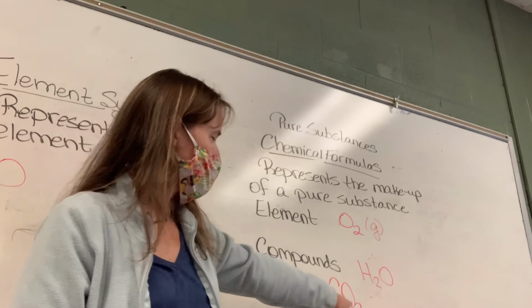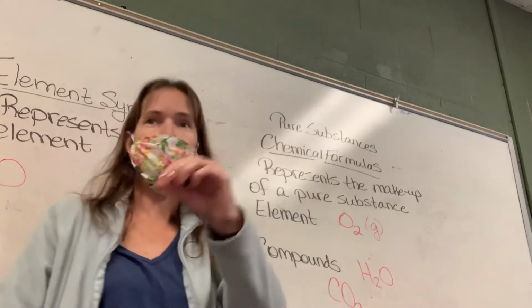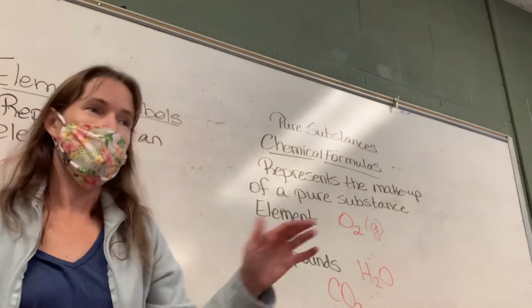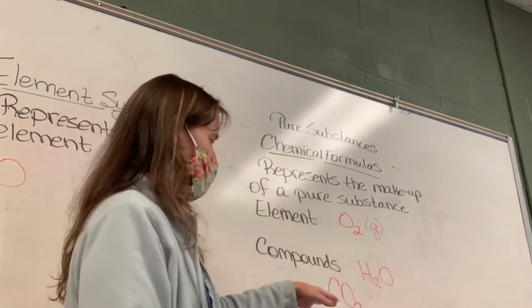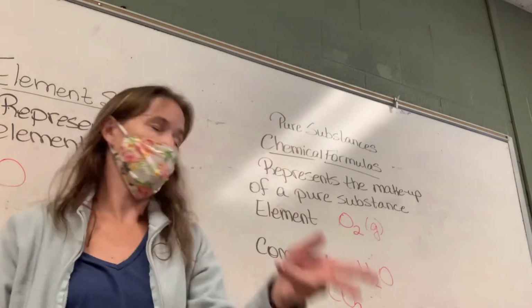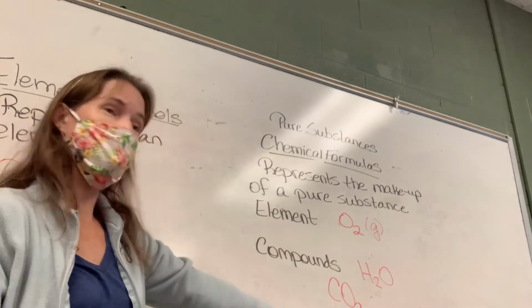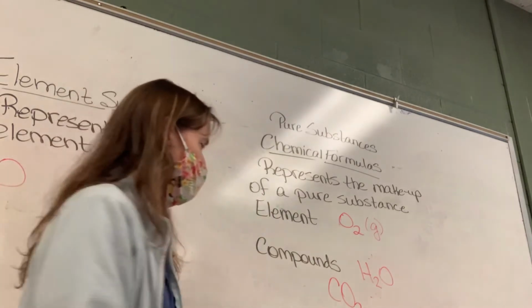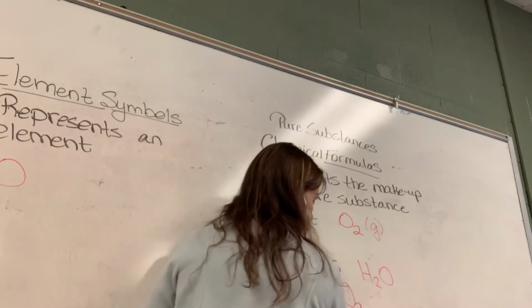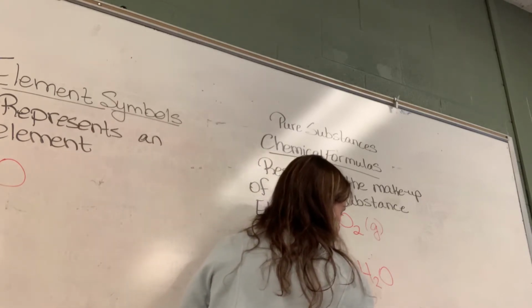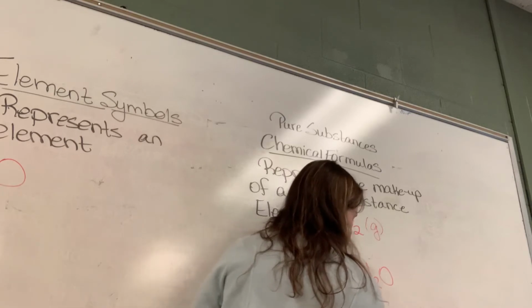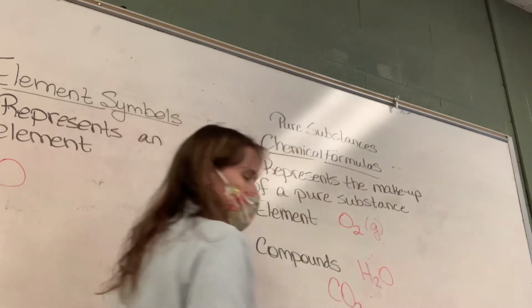There's one carbon and two oxygens. These are set numbers. So H2O really is two hydrogens and one oxygen. And carbon dioxide really is one carbon and two oxygens. Silicon dioxide, though, is a ratio.